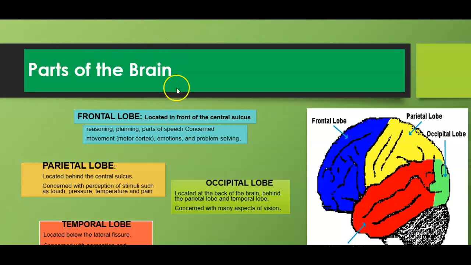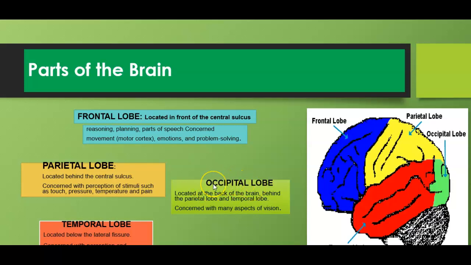So if you touch something hot, then your parietal lobe is in full effect. If a child pinches his finger, the parietal lobe reacts to that stimulus.